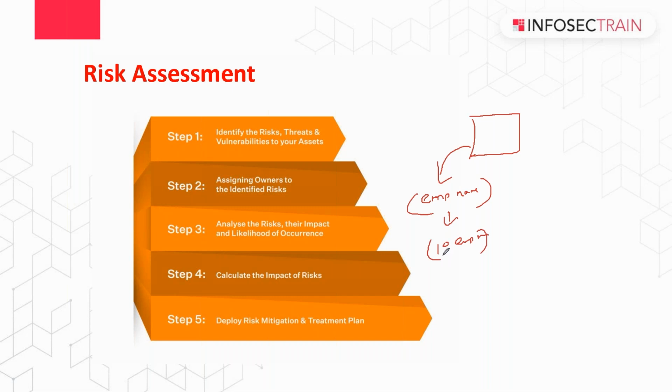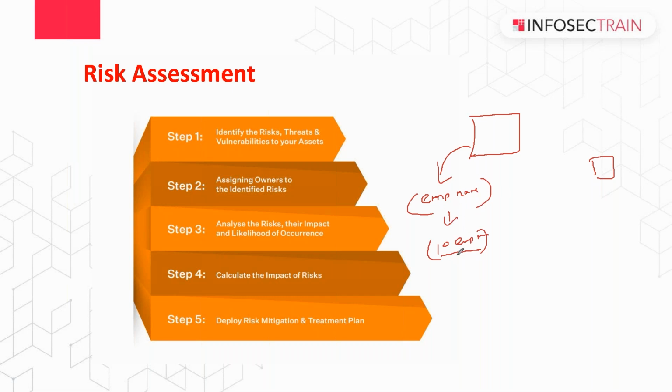Now the organization is going to see whether this is getting impacted. Is this a crucial one? Further to that, are we getting any further information related to other employees as well?